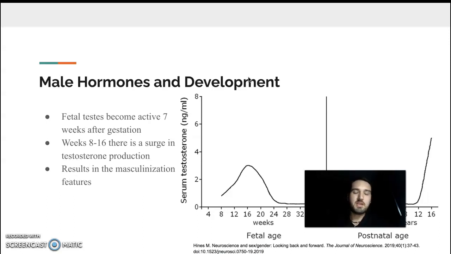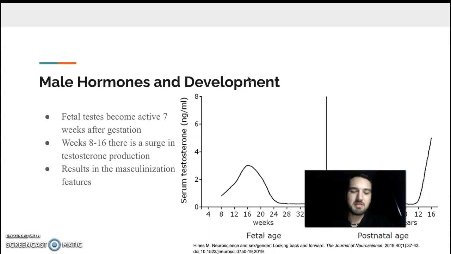So the fetal testes become active after 7 weeks of gestation. So we see on the left side of the chart almost no identifiable trace of testosterone. And then from weeks 8 through 16 is when we see the huge increase in serum testosterone.